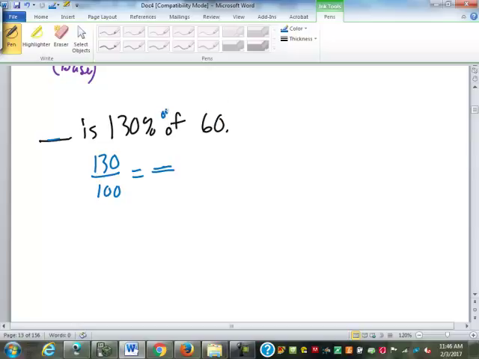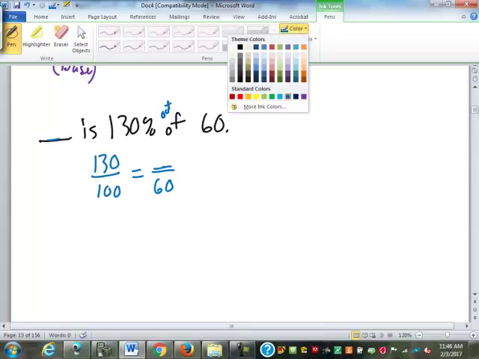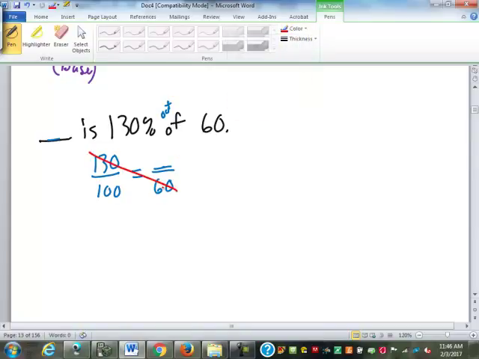Once again, if I read that as out of 60, it implies the 60 goes on bottom. So, cross multiply and divide. 130 times 60 divided by 100. 130 times 60 is 7,800. Divided by 100 is 78. So 78 is 130% of 60.